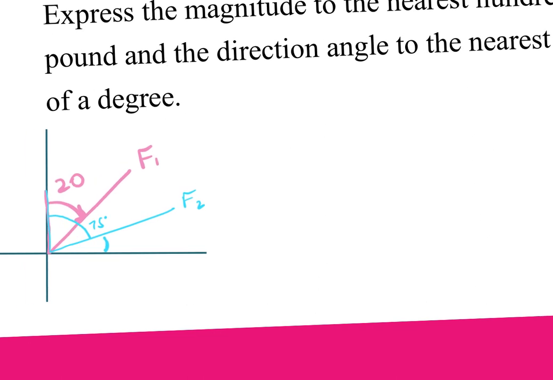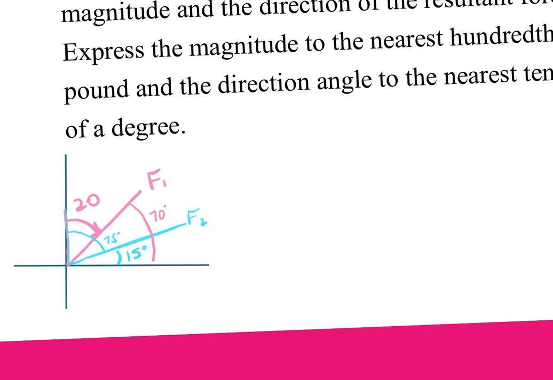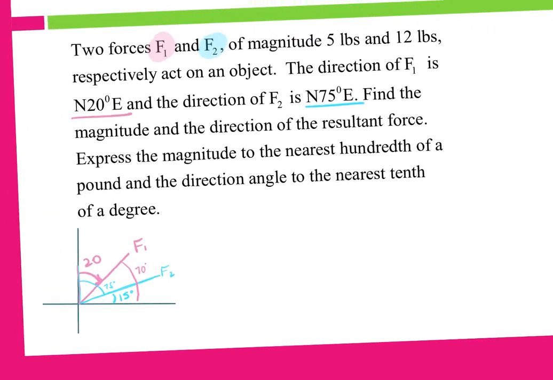So from the x-axis up, what I have is from the y-axis down because I have the bearings. So instead of using 75 as my theta, I'm going to use 90 minus 75, or 15 for F2. And instead of using 20 for F1, I'm going to use 70 because, again, that would be the complement to 20, and that's what's inside.